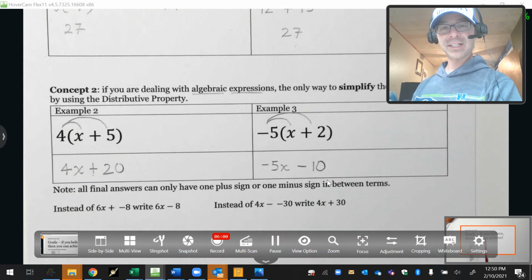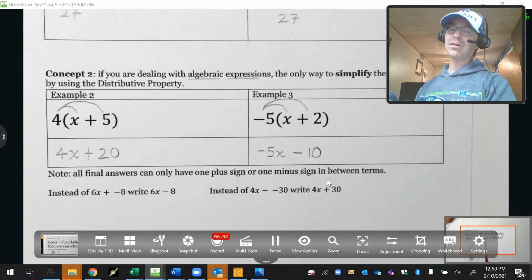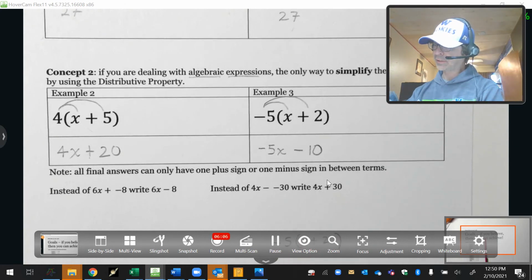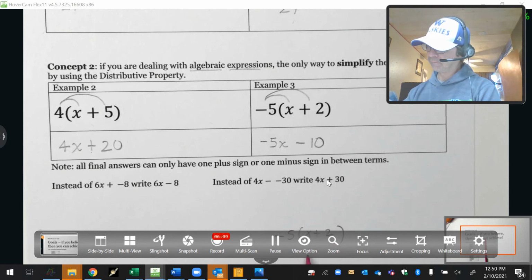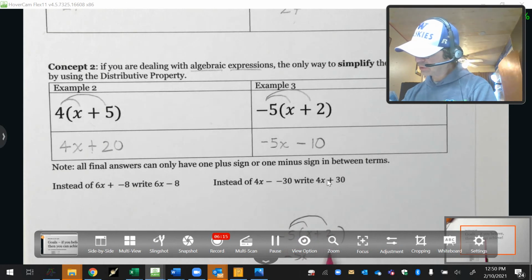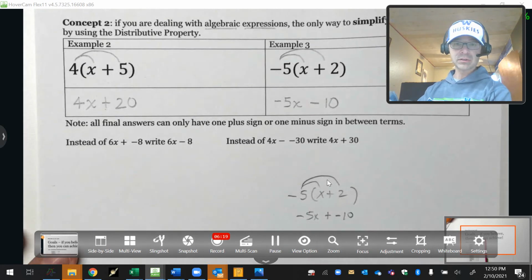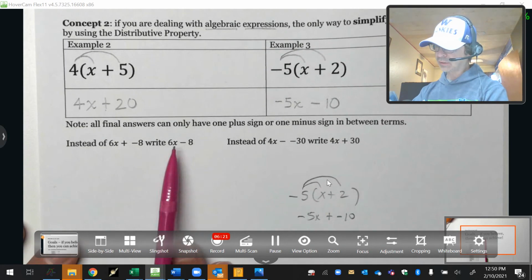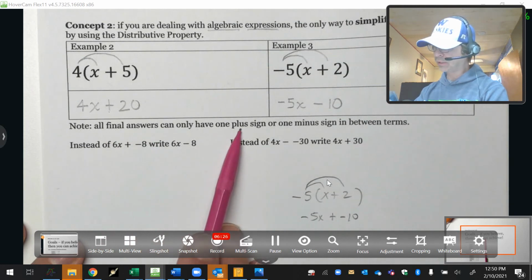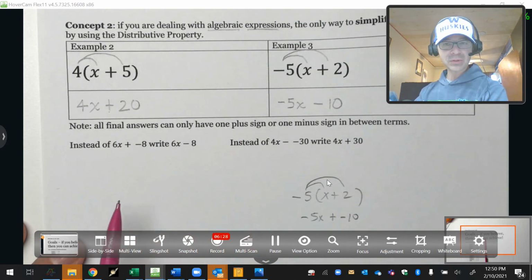Now some students, we see students do this all the time. Negative 5 times x, negative 5x. And then they go like this. Negative 5 times 2, they know the answer is negative 10, but they just bring the plus sign down. That's not wrong. However, look what it says. All final answers can only have one plus sign or one minus sign in between the terms.